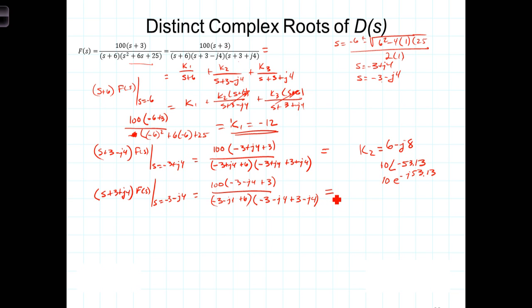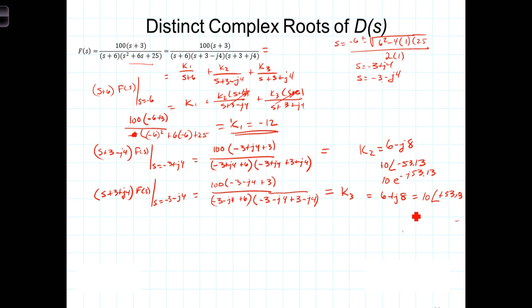And without going through all the details on the right-hand side here, let's just realize that the only thing that is left standing is k3. And when we evaluate k3, we get that k3 is equal to 6 plus j8. And we notice that k3 is just the conjugate of k2. In polar form, that then is equal to 10 angle positive 53.13.